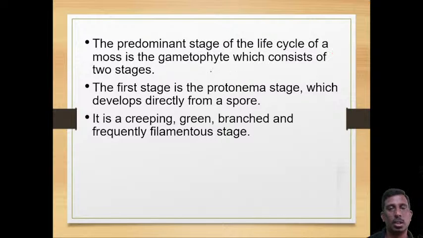In mosses, the dominant stage is the gametophyte. और एक gametophyte में 2 stages रहता है mosses में. The first stage is called the protonema stage, which is a filamentous, creeping, branched stage. इसको क्या बोलते हैं कि protonema.